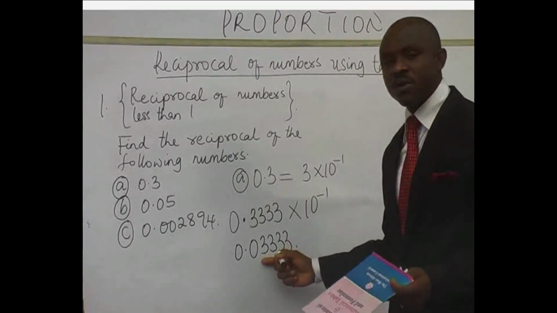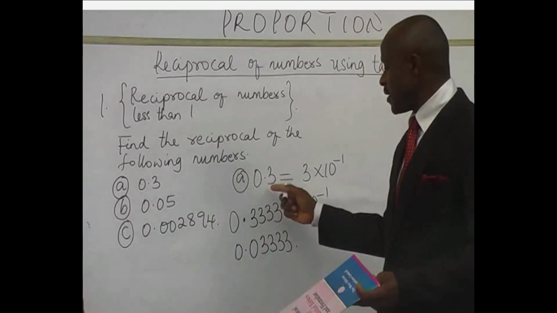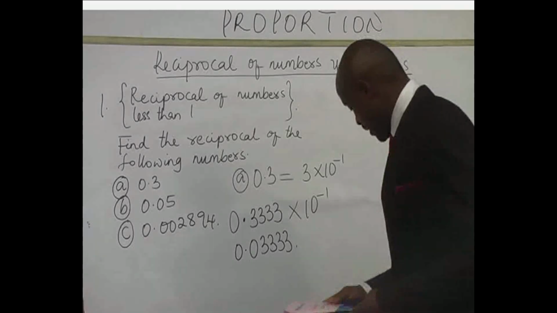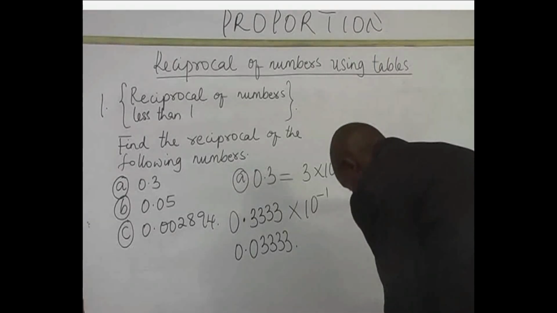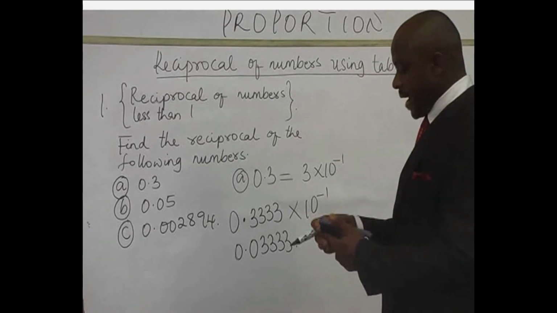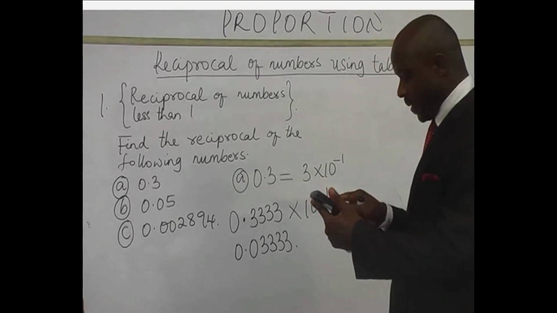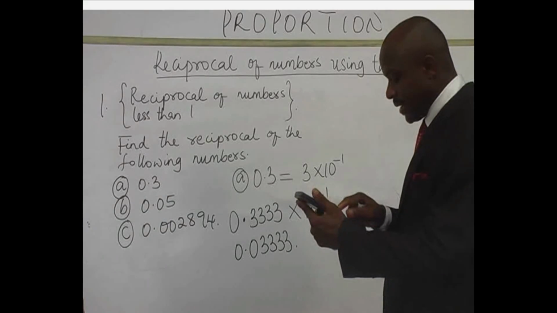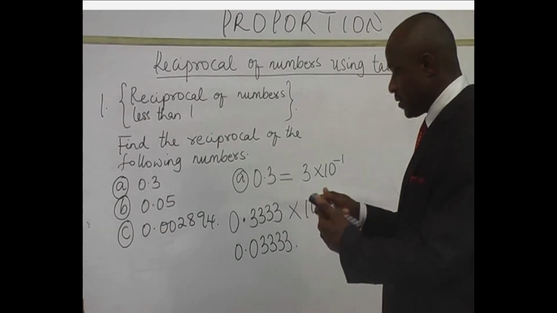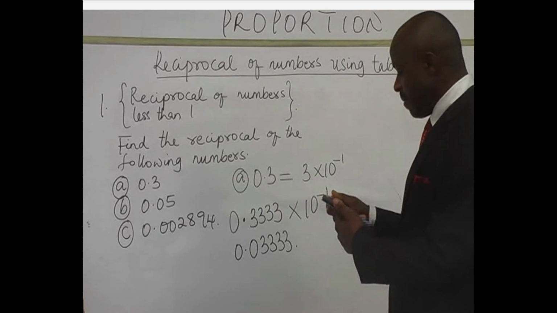And this is the reciprocal of 0.3. If you like, you can use a calculator to confirm. Just use a calculator and trace 1 divided by 0.3. 1 divided by 0.3 is giving us the same value.